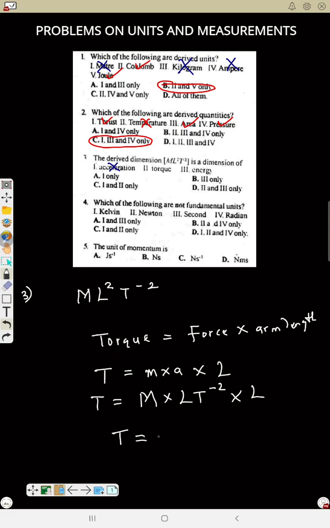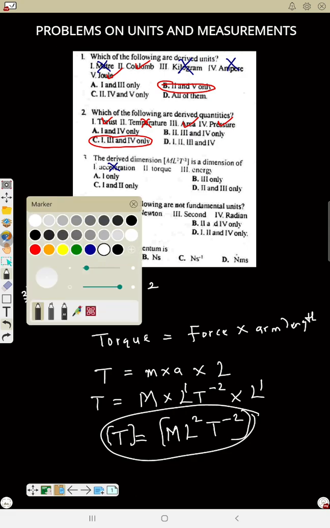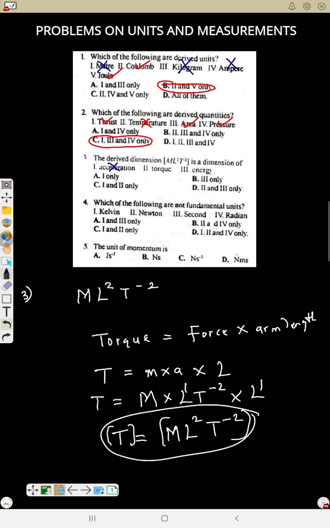So that means torque is equal to ML square, because this is power 1, this is power 1, added together, ML square T raised to power minus 2. So the dimension for torque is ML square T raised to power minus 2. That means the second one is correct.